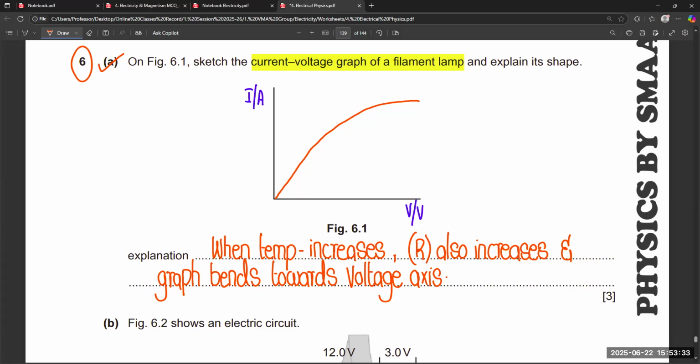So it is important to remember the graphical representation, the concept of the filament, and the complete idea of the graphical representation for current and voltage in filament lamp, because they can ask any type of question from any non-ohmic conductor. So right now we only discussed one.